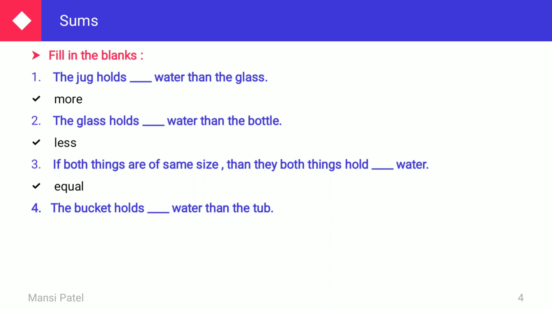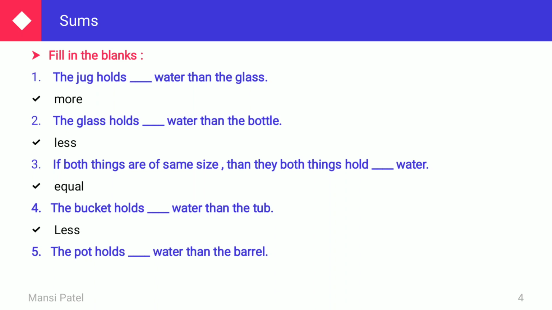If you see both of them, you can say that the bucket is smaller, but the quantity which the tub holds is bigger than the bucket. Therefore, we can say that the bucket holds less water than the tub.